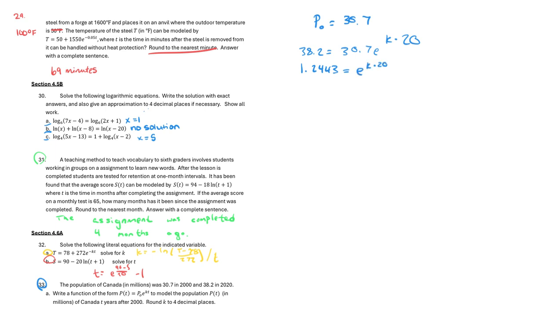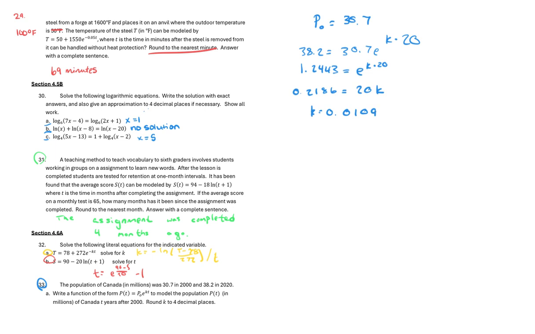So now we can take the natural log of everything. Go ahead and say that 0.2186 equals 20k. We can divide everything by 20. We found that k is equal to 0.0109. That should be rounded.